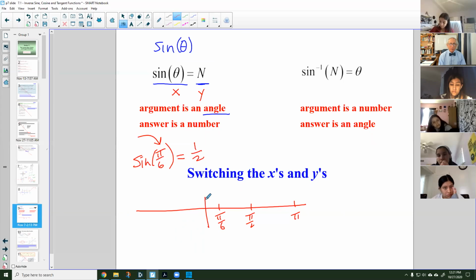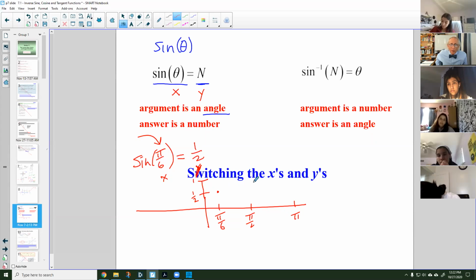If this was 1, then this is 1/2. I have an x value of pi over 6, my input value, and a y value of 1/2. So I would put a point on the graph right there. This is my x, that's my y. Everybody good with that? Thanks for asking the question.